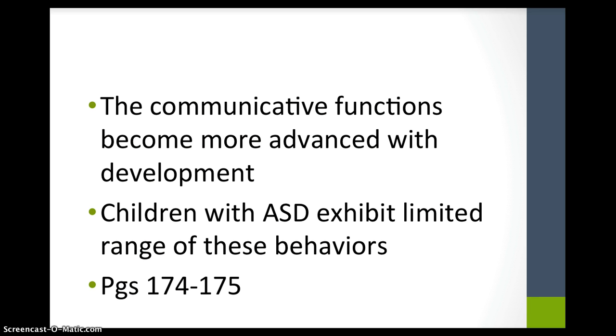But children with ASD exhibit a limited range of these behaviors. So they begin not to meet the typical benchmarks. And there's good information throughout this chapter. I will refer you now to pages 174, 175 for some more specific examples around what the benchmarks might be and where you might see children with ASD ranging within those.